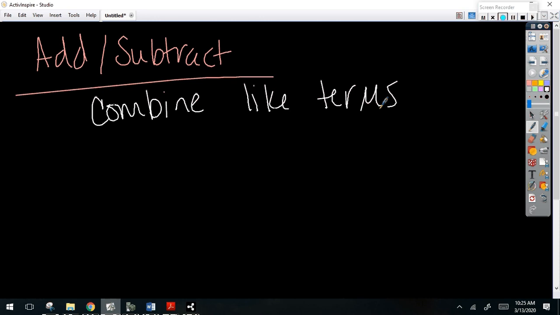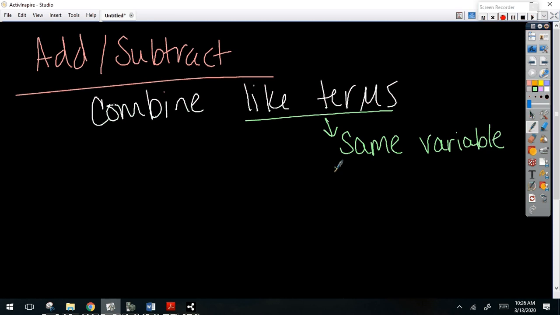First of all, what are like terms? They have the same thing. Same what things? Variables. It has to have the same exponent. Like, if it's x squared, you can only add another x squared. So same variable and same exponent on that variable.